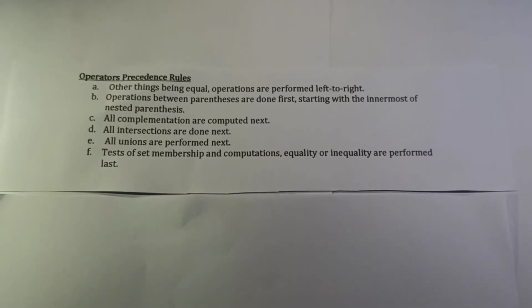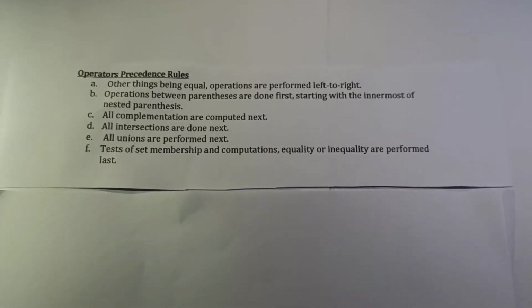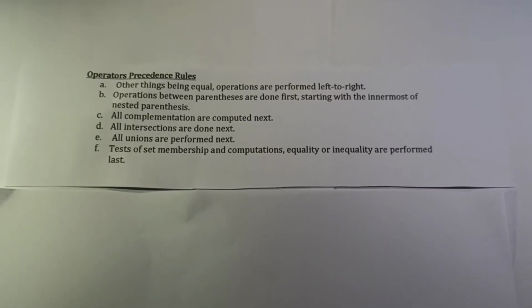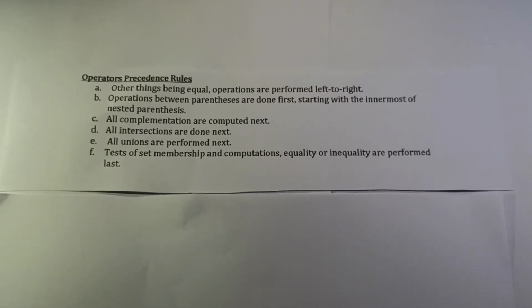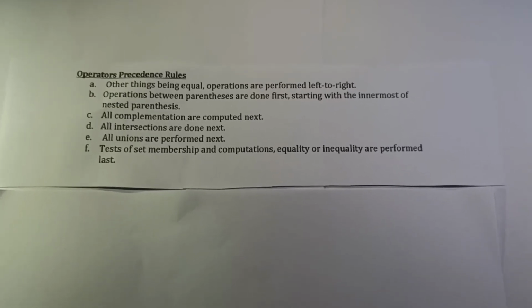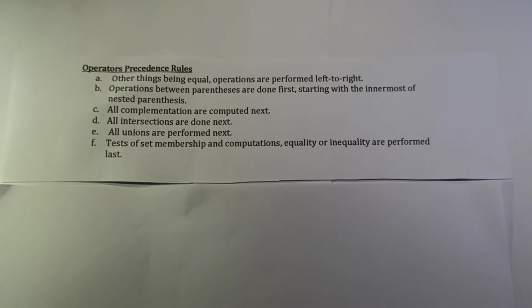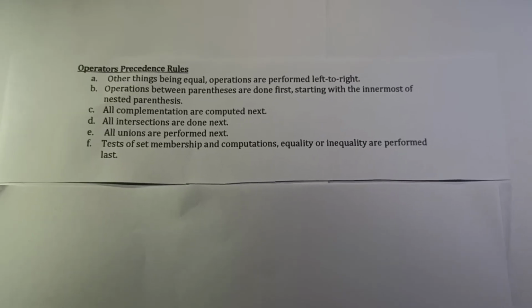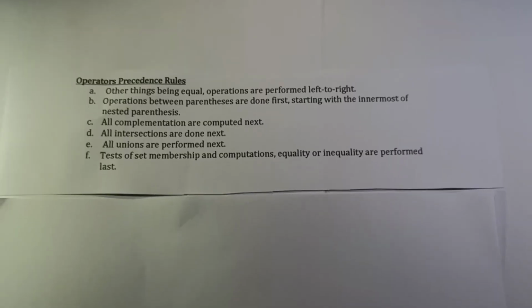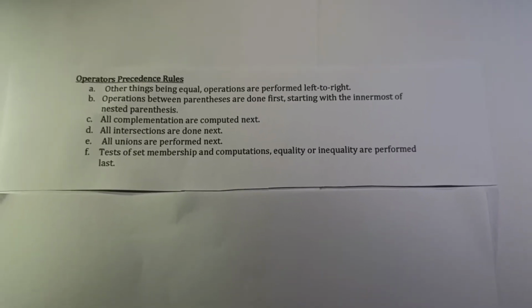All complementations are computed next. All intersections are done next. All unions are performed next, and tests of membership and computations of equality or inequality are performed last. So take note of these operator precedence rules. These are the guides that we're going to have in the long run about sets.